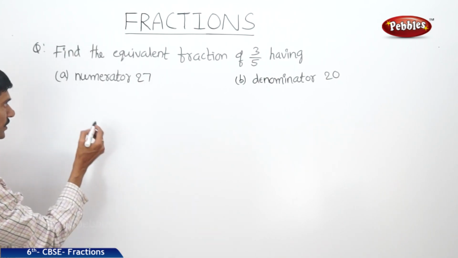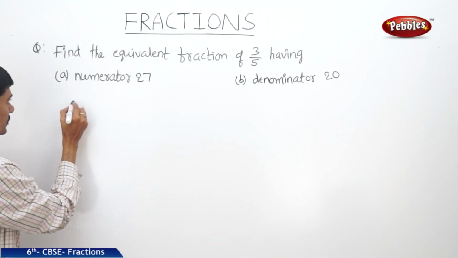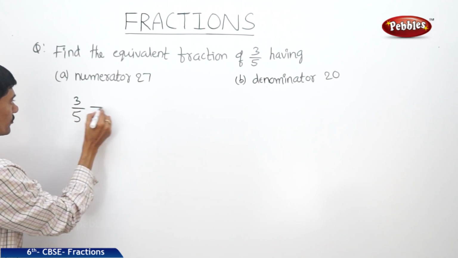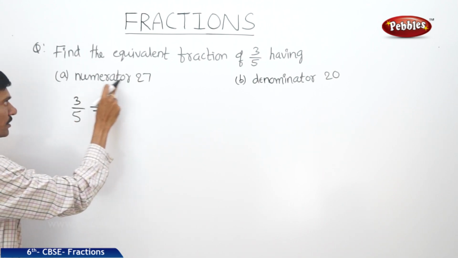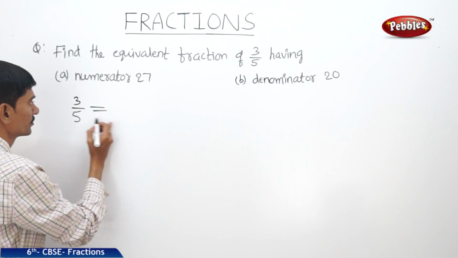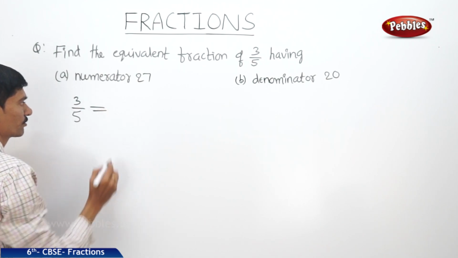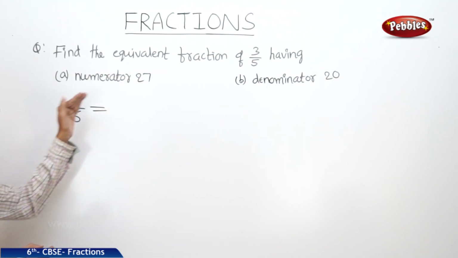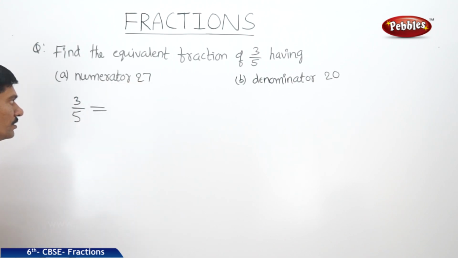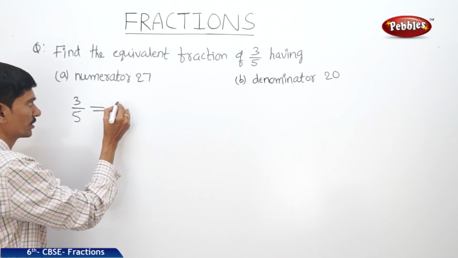So let us take the first given fraction 3 by 5 equals, where the numerator is given as 27. So we have to check 3 how many times make 27. Obviously we know that 3 9s are 27.